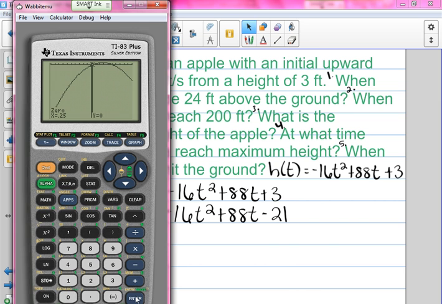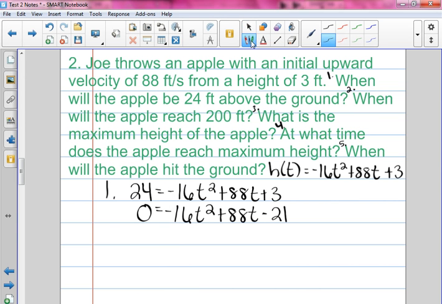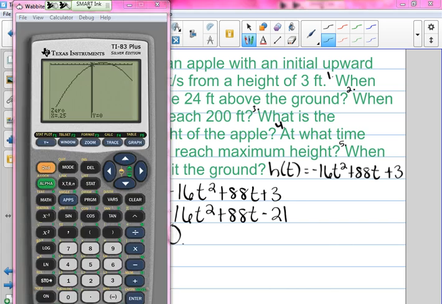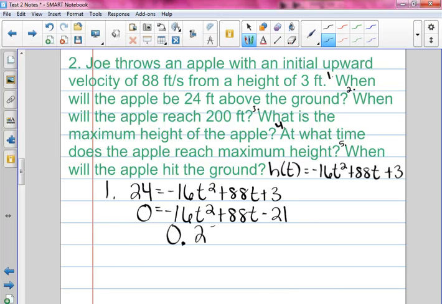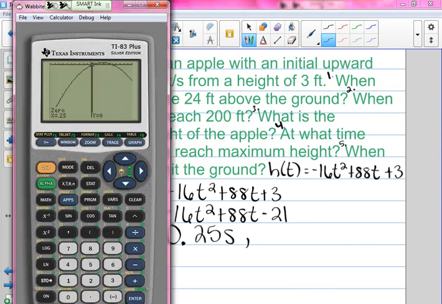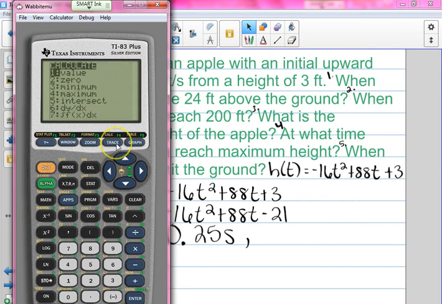So the first time it reaches 24 feet is at 0.25 seconds. And the second time it reaches 24 feet is second trace 0. And this time you're finding the one on the right.